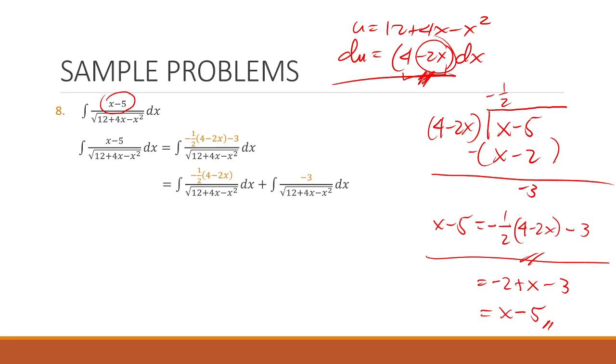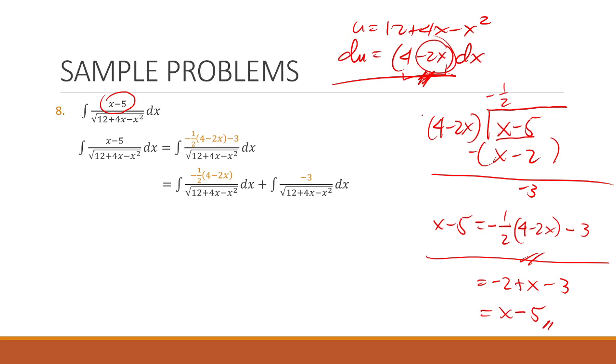Okay, so kaya bahala class, you can manipulate algebraically using the long method that we did earlier, or this one, just apply long division. Okay, so in general, the process for this long division is you isolate the expression in the numerator, make it the dividend of the long division process. Tapos, the divisor, so you divide this by your intended expression that you need, based on the corresponding du from your u substitution.